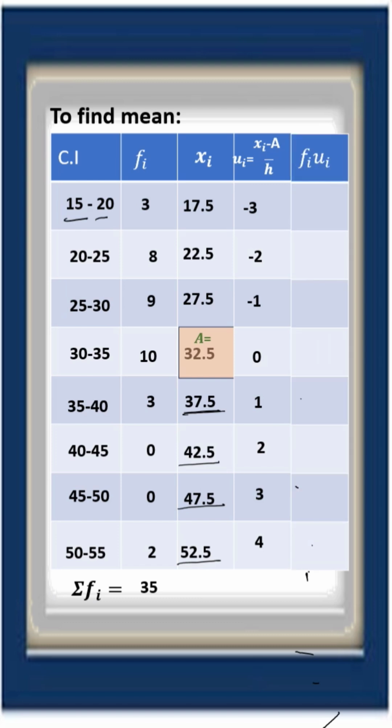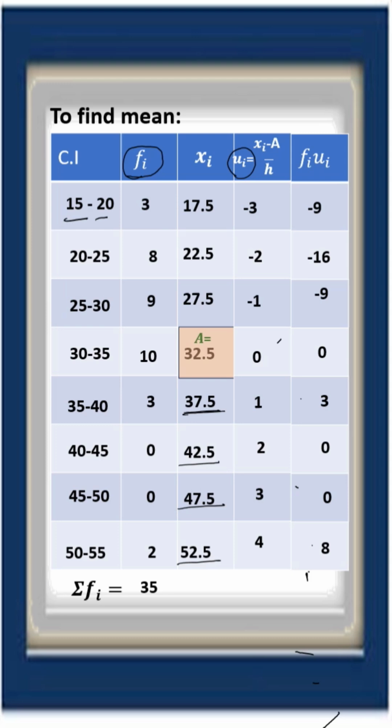Now let us add one more column for fi ui. That means you have to multiply the numbers of fi and ui to get the numbers in this column. 3 into negative 3, it is negative 9. 8 into minus 2, minus 16. 9 into minus 1, minus 9. 10 into 0, 0. 3 into 1, 3. 0 into 2, 0. 0 into 3, 0. 2 into 4, 8.